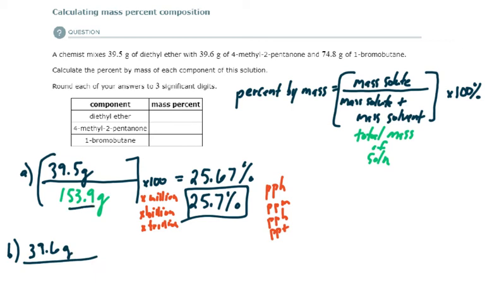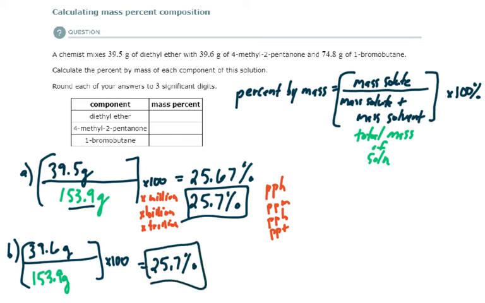We already determined the total mass to be 153.9 grams, and all of this is going to be multiplied by 100 because they want the percent by mass. Percent means out of 100. So 39.6 divided by 153.9 times 100 is 25.7%, rounded to 3 significant figures.